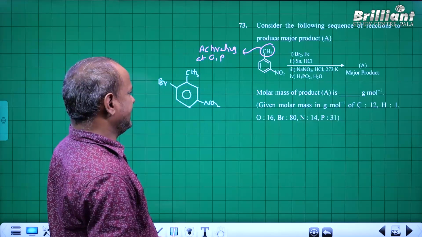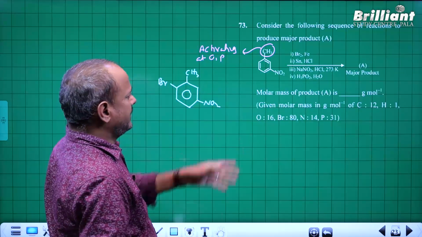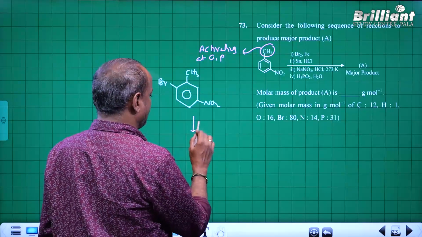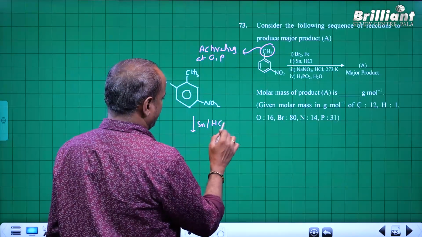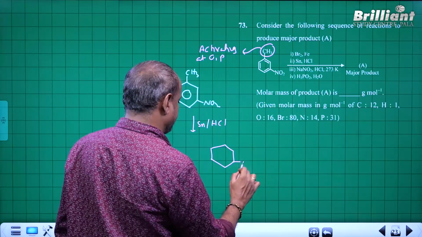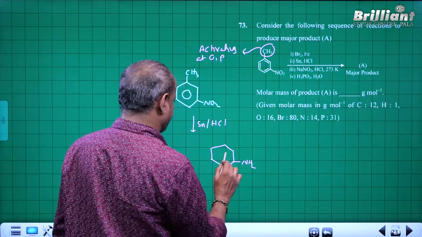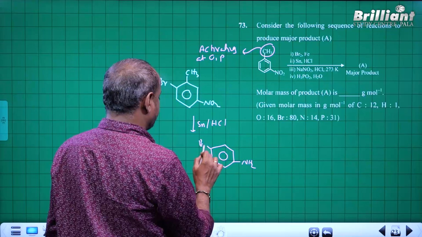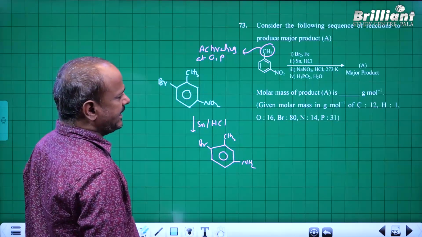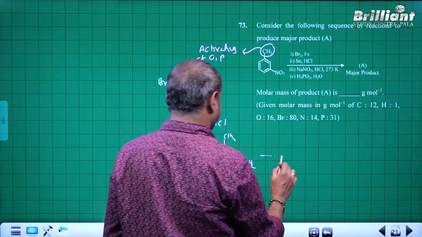First step. Second step is reduction of the nitro group with Sn/HCl. Nitro group reduction gives aniline. These are not disturbed. Third step, diazotization, diazonium salt.